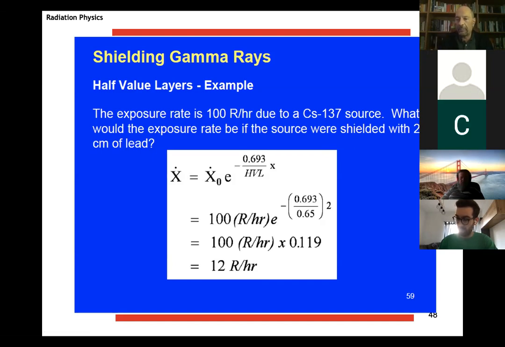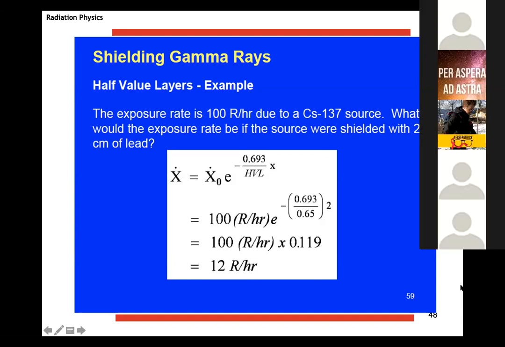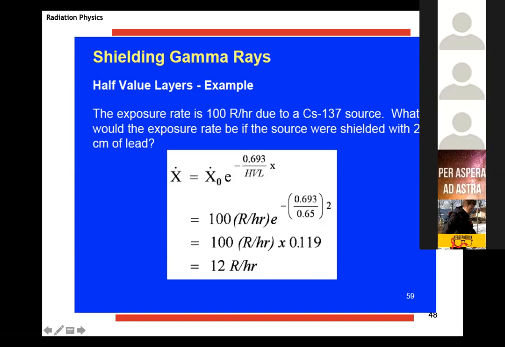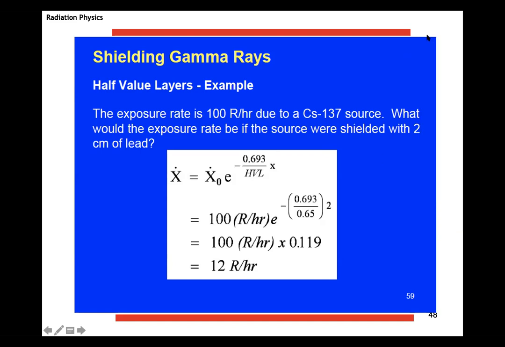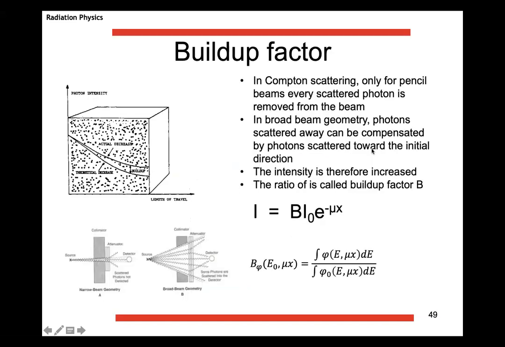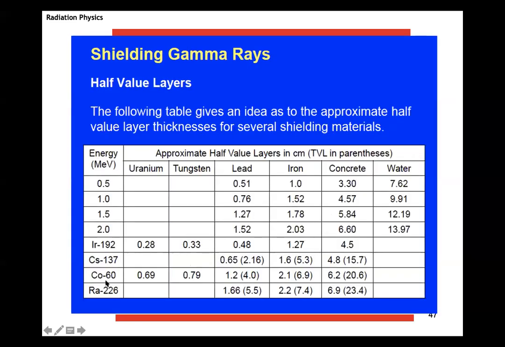This is a typical medical physics problem, really a classical one, that if you want to do this work, you do almost automatically. So what do you have to look at now? You have to look at the half value layer of lead. And you see that for cesium-137, the half value layer for lead is 0.65 centimeter.